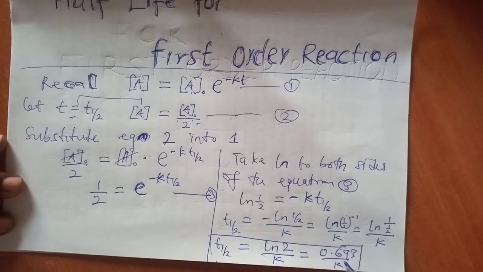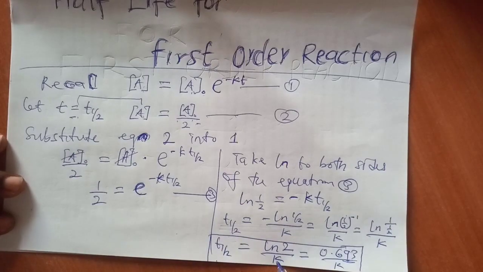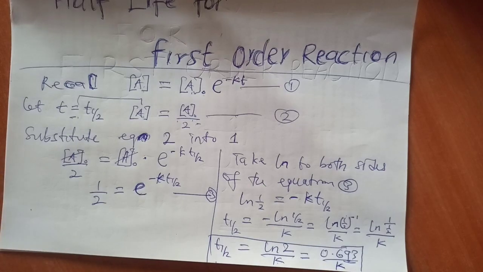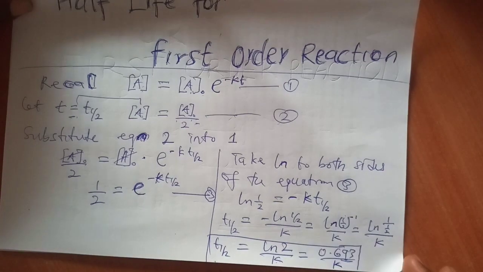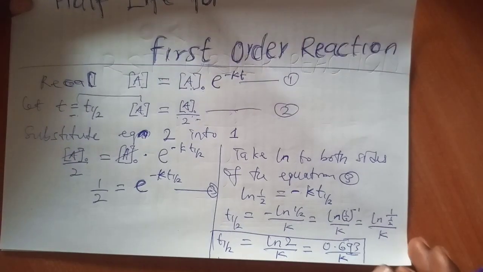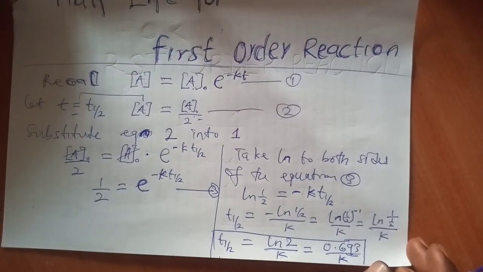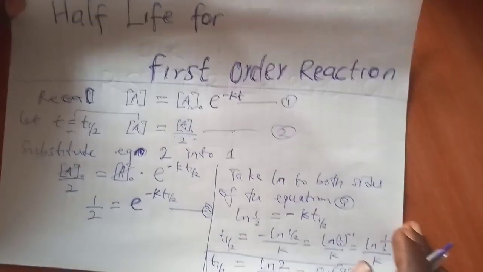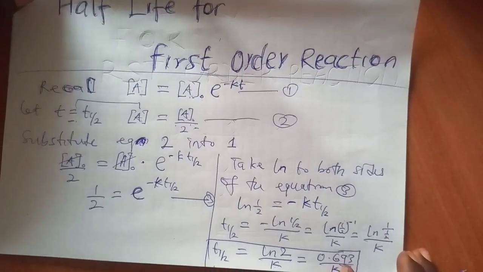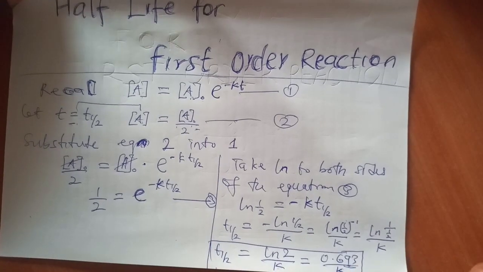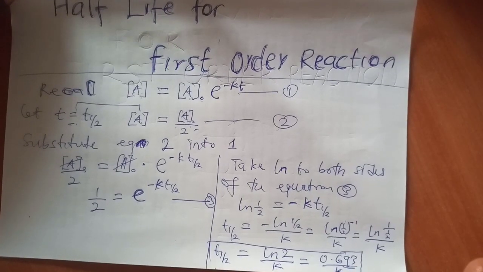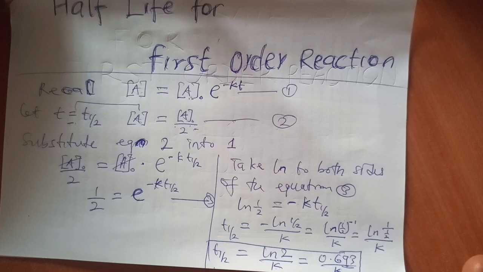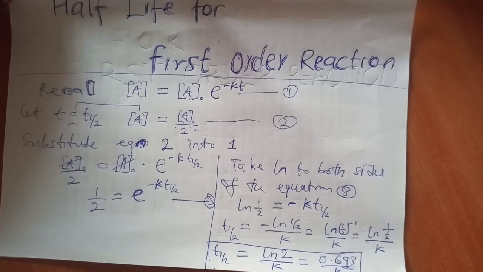This is how it is realized, where k is our rate constant, which can be gotten from the question or from any other means. This is just to tell you how you can derive the integrated rate law for first order reaction and the half-life for first order reaction.